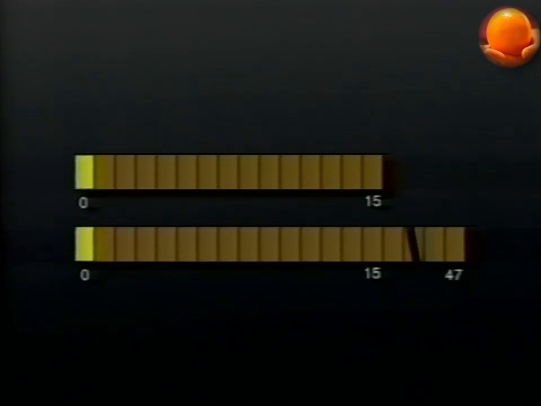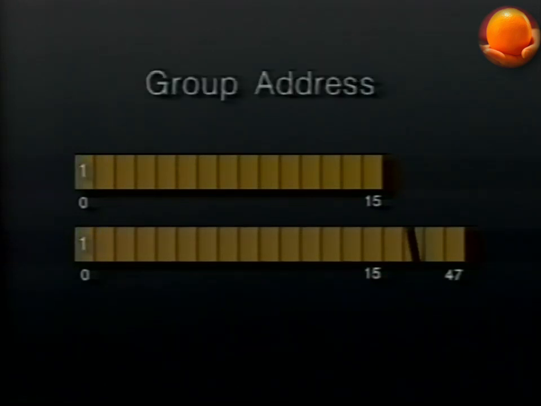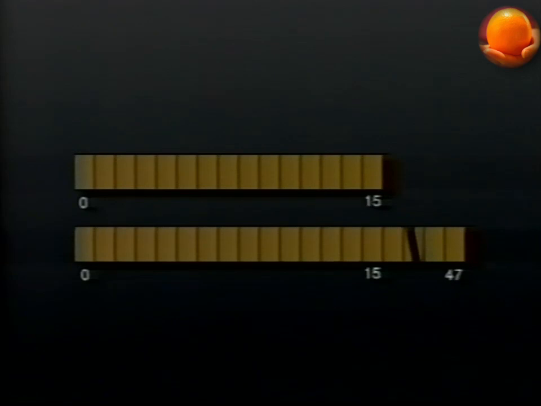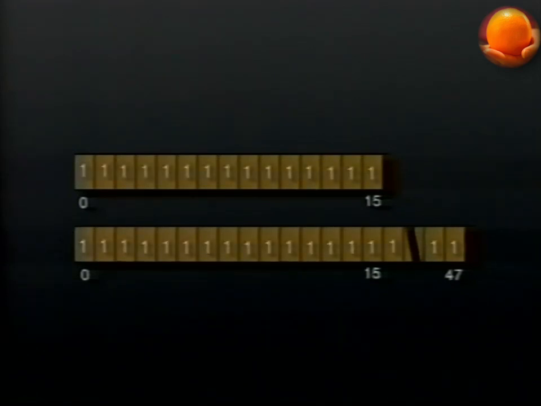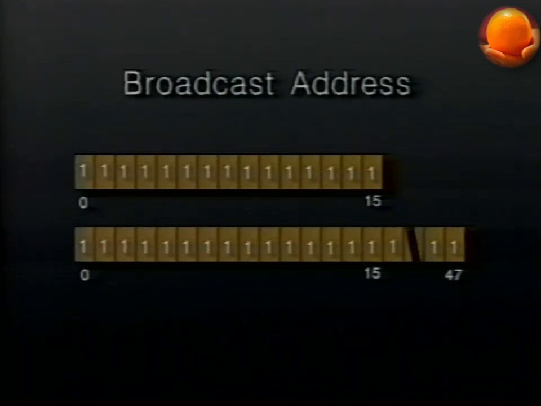If the first bit is 1, the address is a group address. An address of all 1 bits is the broadcast address and addresses all the stations on the LAN. All other group addresses refer to logical groups of stations that are defined when the LAN is configured or by some convention defined in a higher level layer.